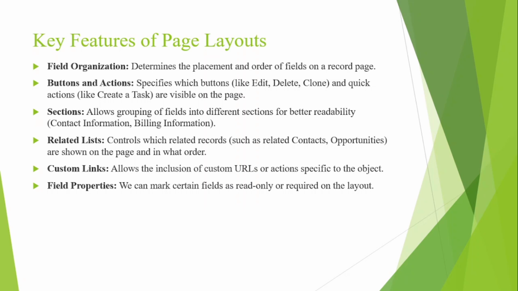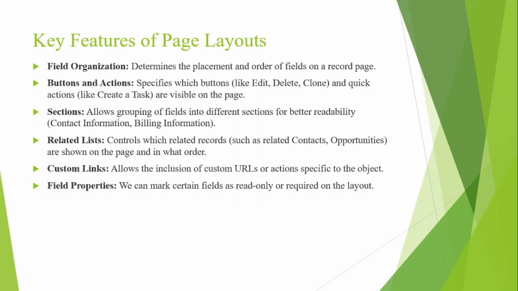Sections allow grouping of fields into different sections for better readability. What sections do is, if we are referring to address information, all the address information is going to be collected in one section, like contact information, billing information, shipping details.